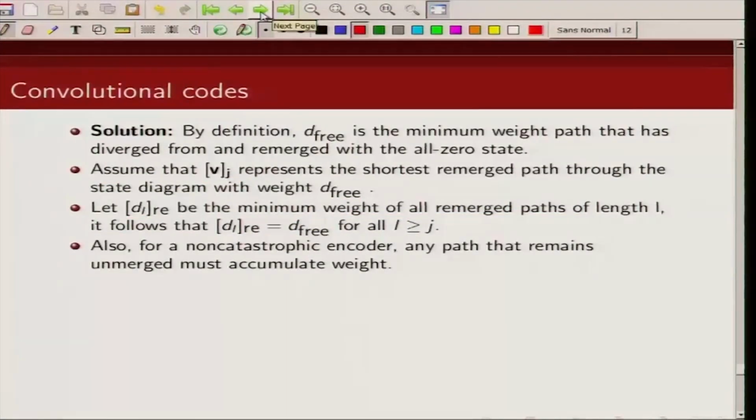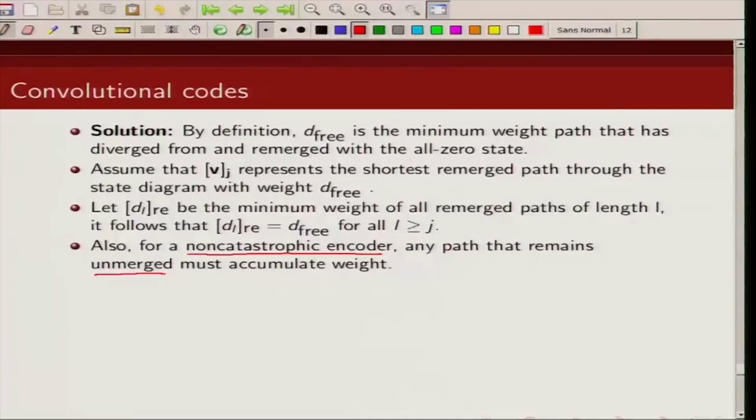Now, what are non-merged paths? These are paths which have diverged from the all 0 state, but have not yet merged to the all 0 state. Those are unmerged paths. Now, for a non-catastrophic encoder, any path that is not merged must accumulate weight.